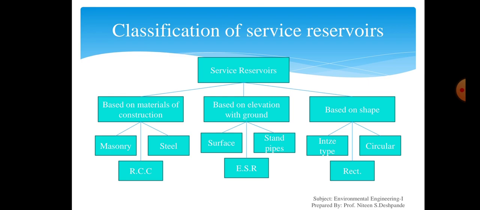Now the third classification is based on the shape of the reservoir. The first is the inch type, that we will discuss in the next slide, what is meant by inch type. It is a type of shape of a reservoir. Then second is the circular type reservoir, and third is the rectangular reservoir.